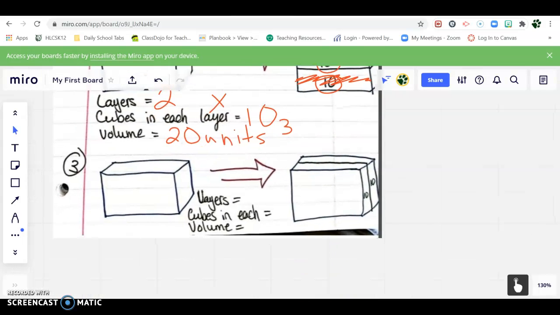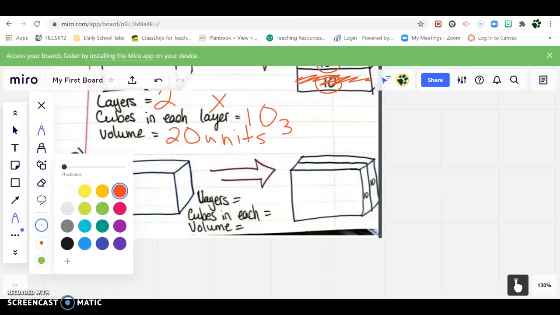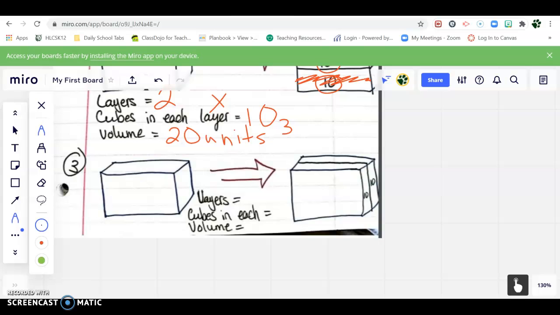Now for the last one, I want you guys to solve this one on your own. I told you yesterday that I wasn't going to be doing all of this with you, so I want you guys to solve this last one independently. So if you look at this rectangular prism, you need to identify how many layers there are. So how many slices are there?